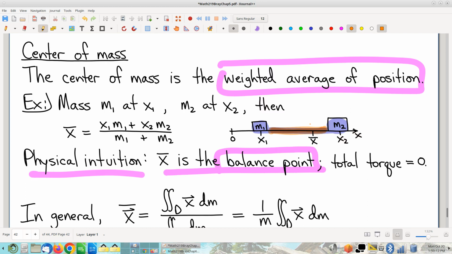As you could imagine, if I had my finger right here, then this piece of mass is going to make torque clockwise, and this piece of mass is going to make torque counterclockwise, and they'll balance perfectly.